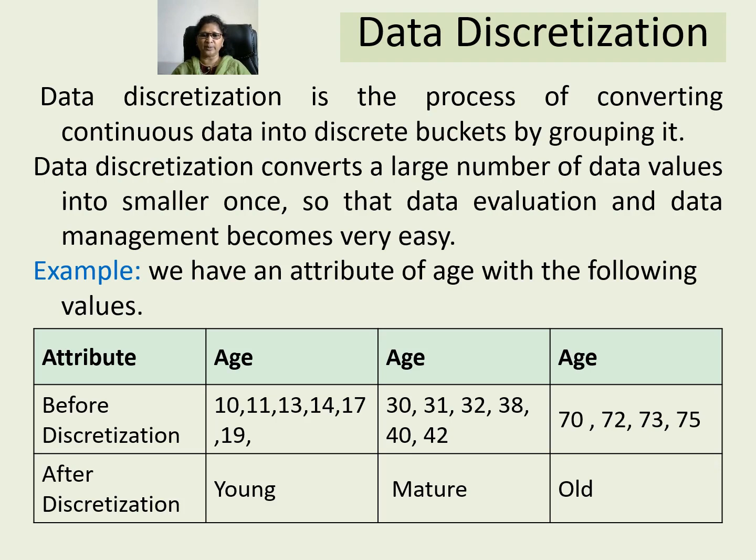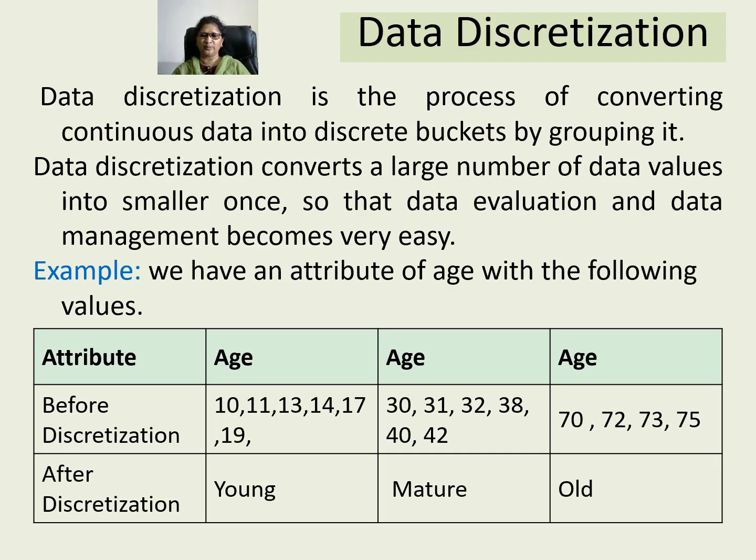We have an attribute age with such values, and we can group them into some names such as young. So a range of age between 10 to 19 is grouped as young. So all the age groups which range between this will be termed as one common bucket, which is young.